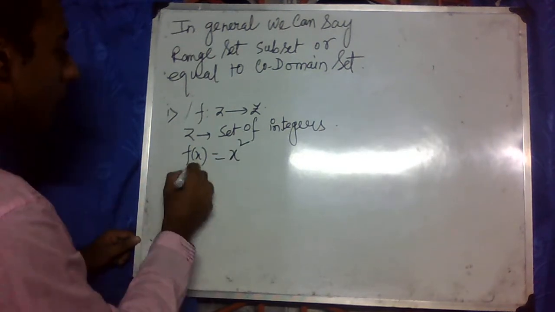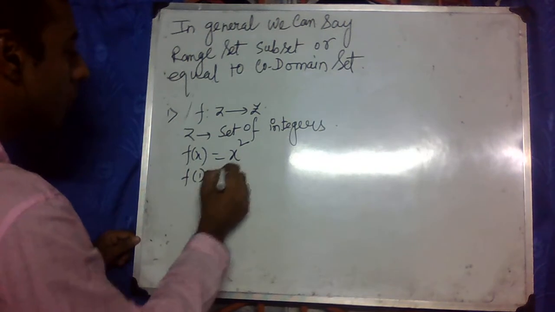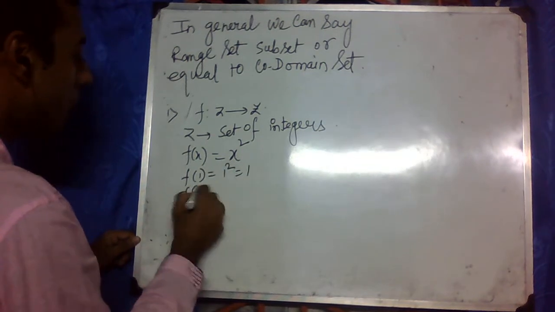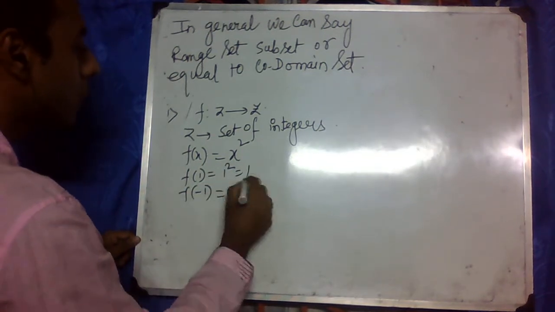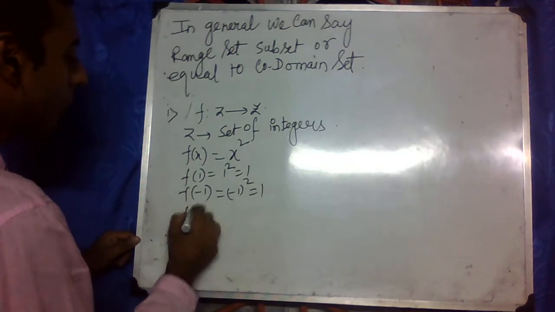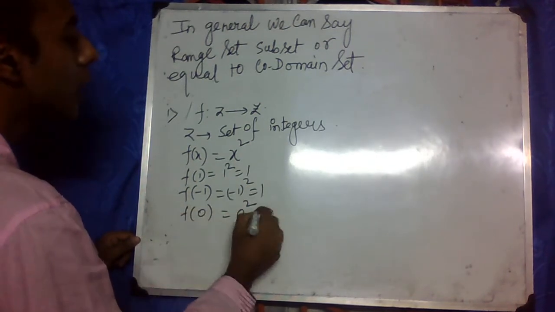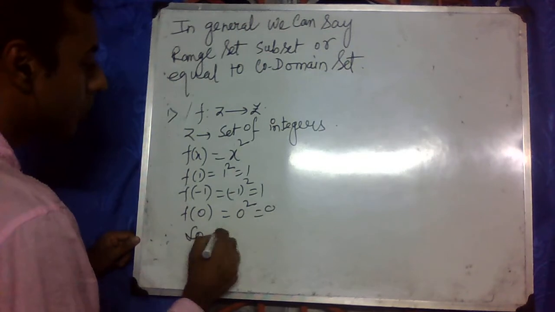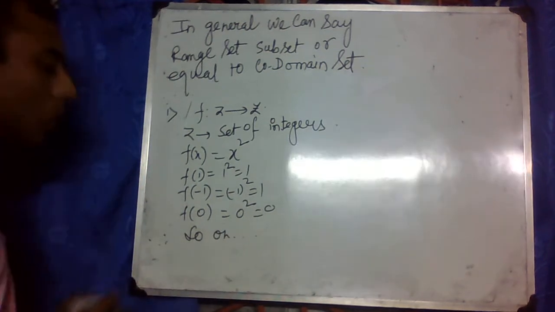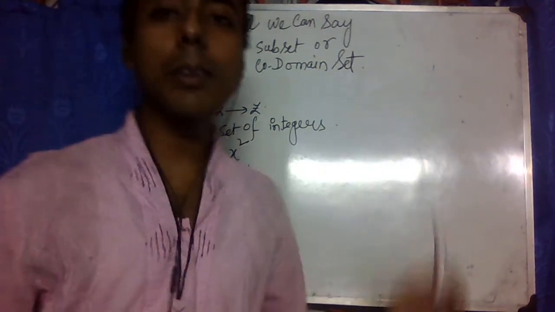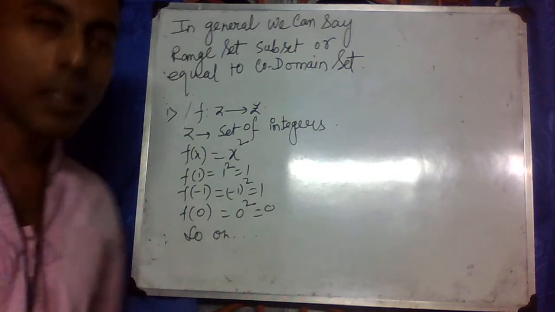This is a function. f of 1 is equal to 1 square, 1. f of minus 1 is equal to minus 1 square, 1. f of 0 is equal to 0 square, 0, and so on. So there are so many functions.